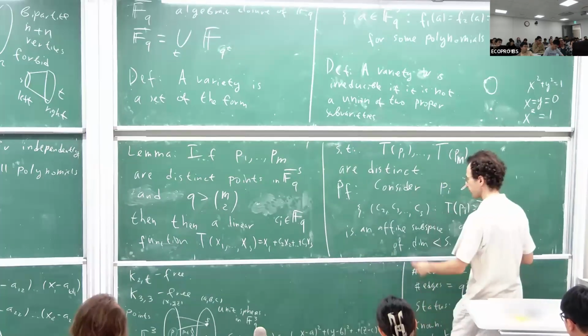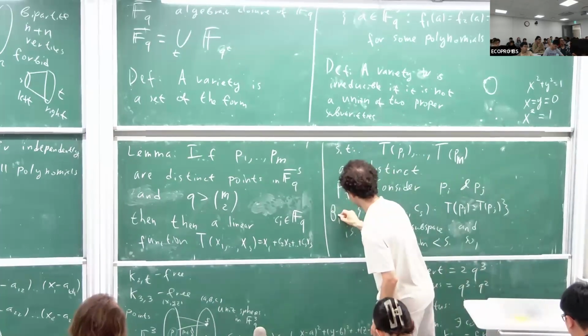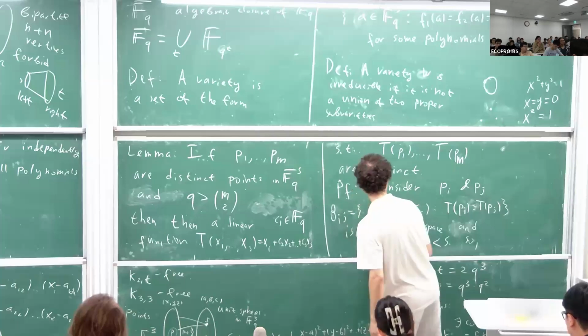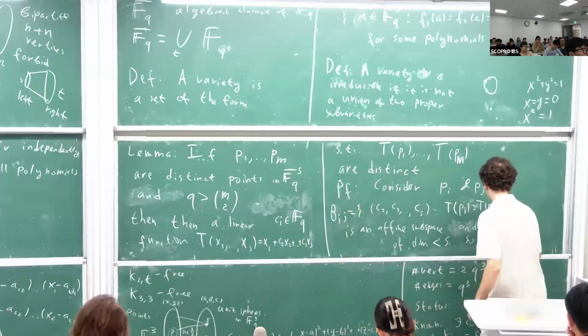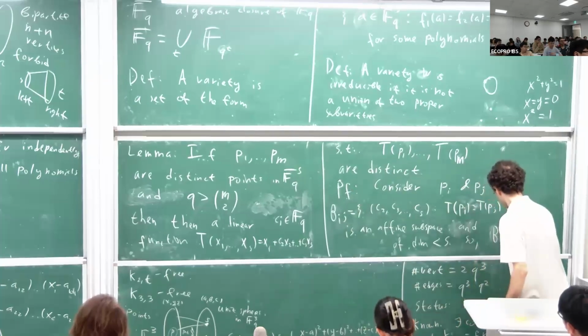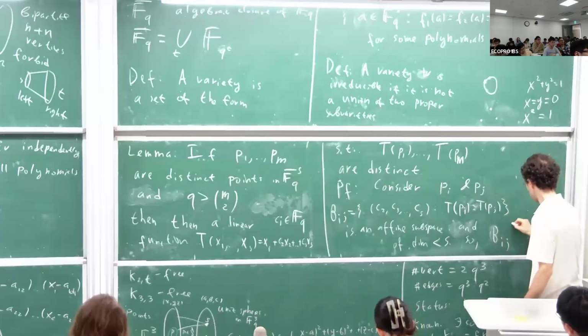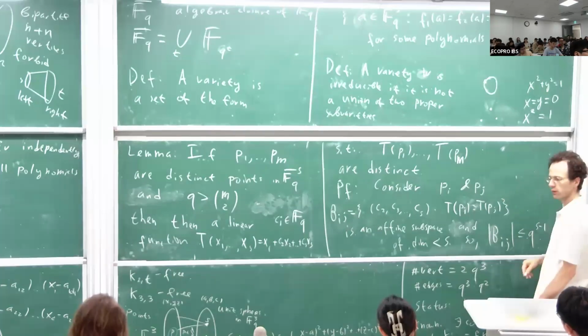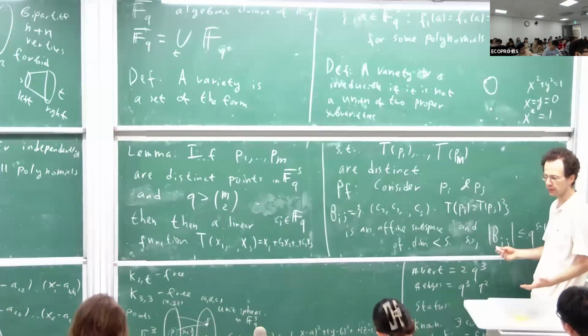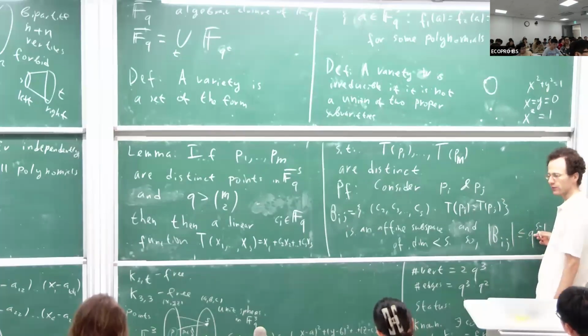So this bad set, Bij, has no more than q to the s minus 1 points, since it is an affine space of dimension strictly less than s.